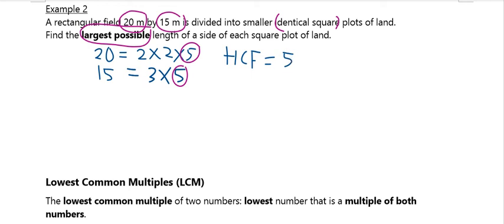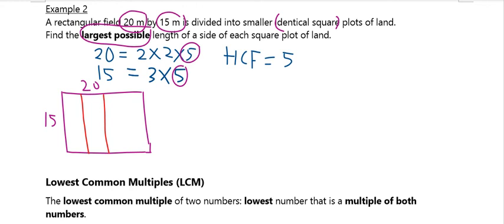So let's prove it using a diagram. This is 20, this is 15. When you want to have 5 for 20, how many 5s will you get for 20? You will divide vertically by 4. So 1, 2, 3, 4. So this one will be 5, 5, 5, 5.